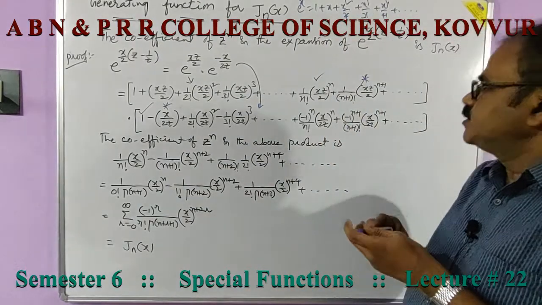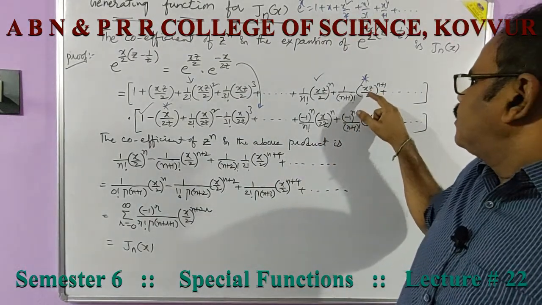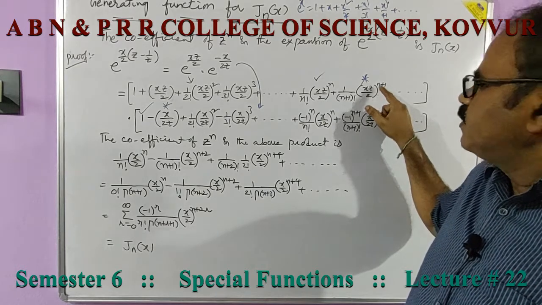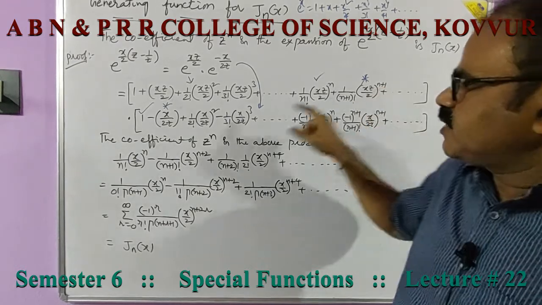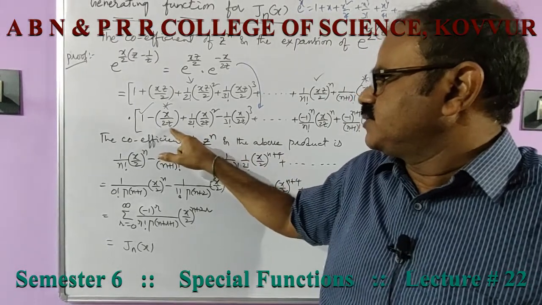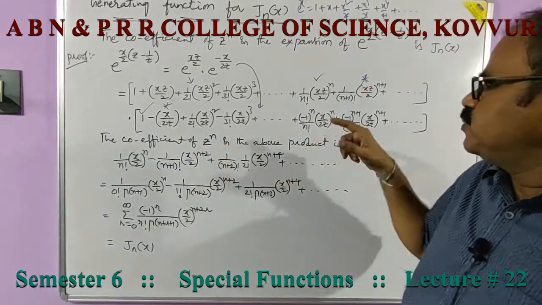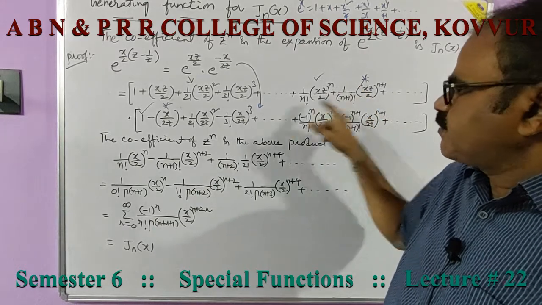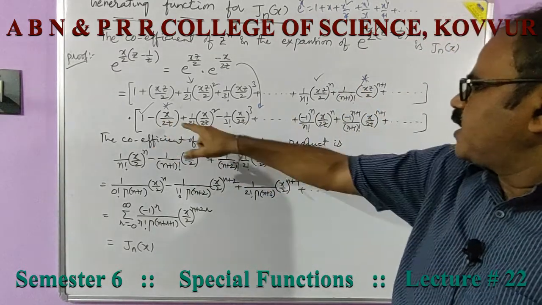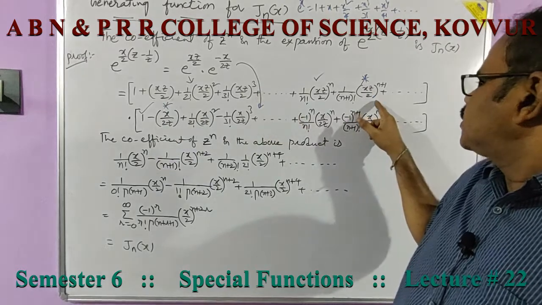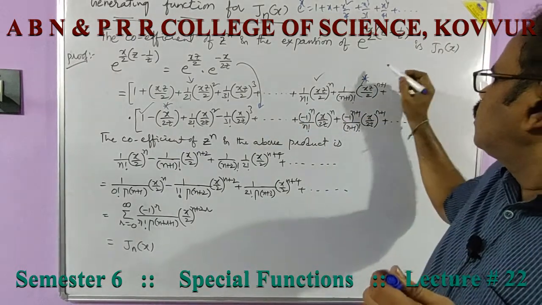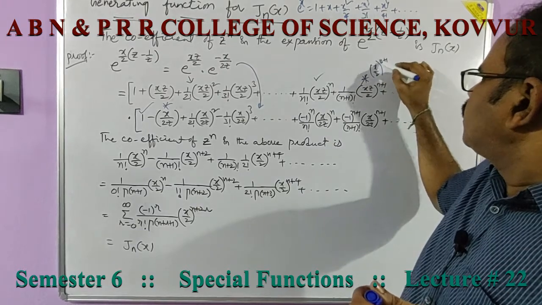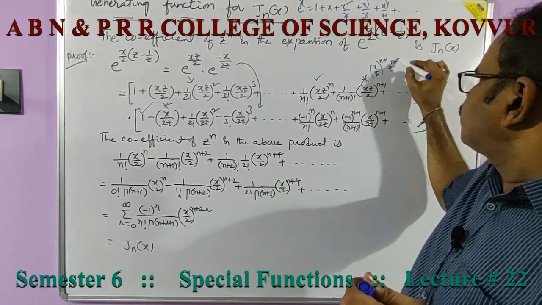What you get is x by 2 power n plus 1, z power n plus 1.